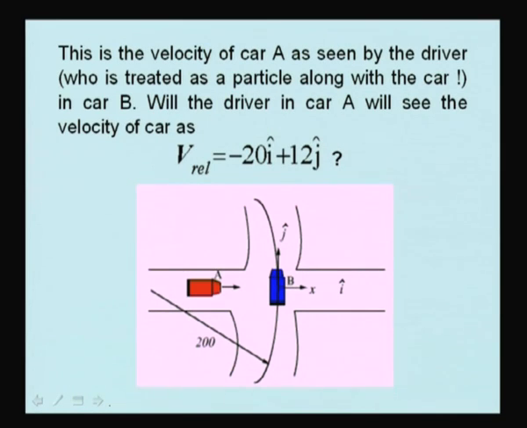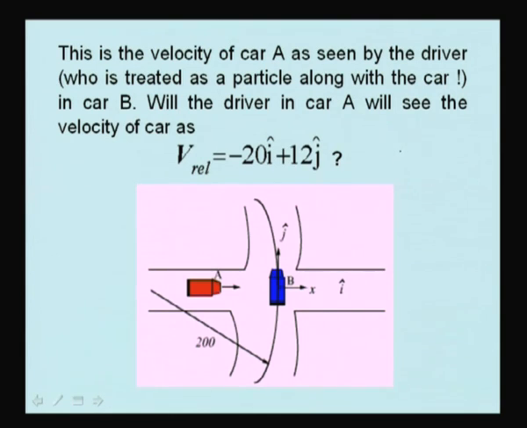This is the velocity of car A as seen by the driver, who is treated as a particle along with the car in car B. Will the driver in car A see the velocity of car B as VL equal to minus 20i plus 12j?